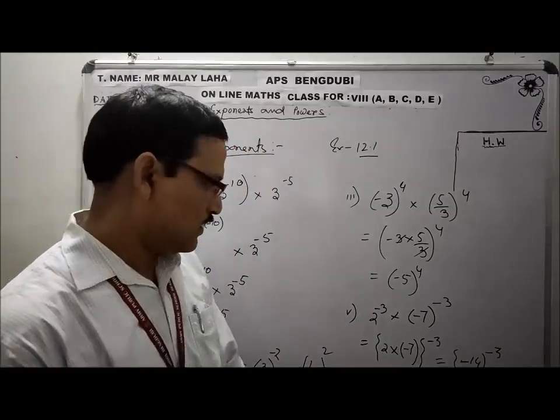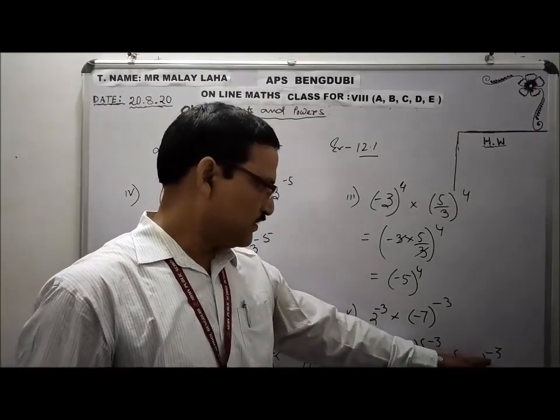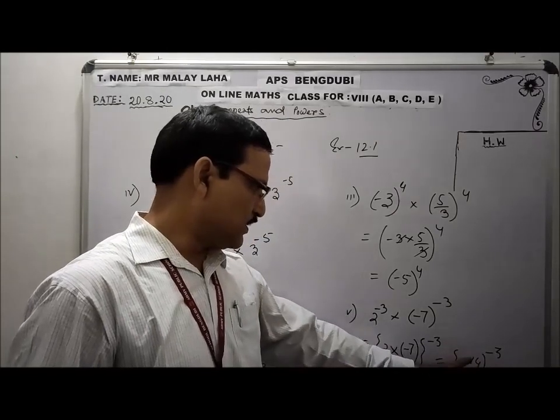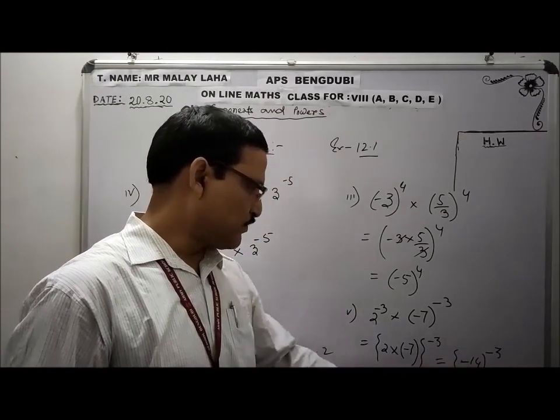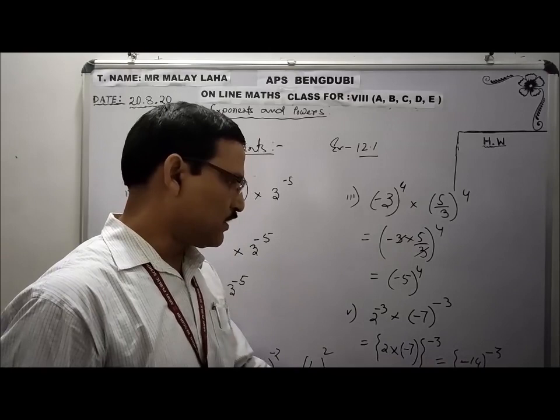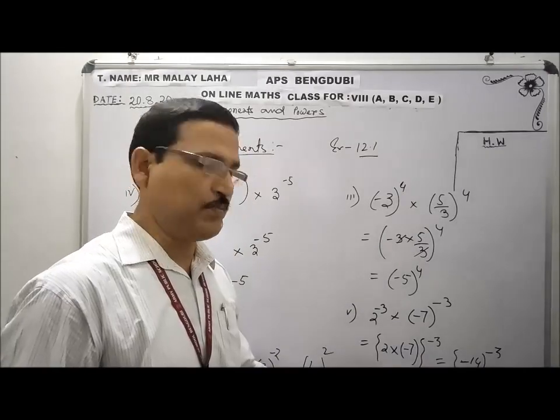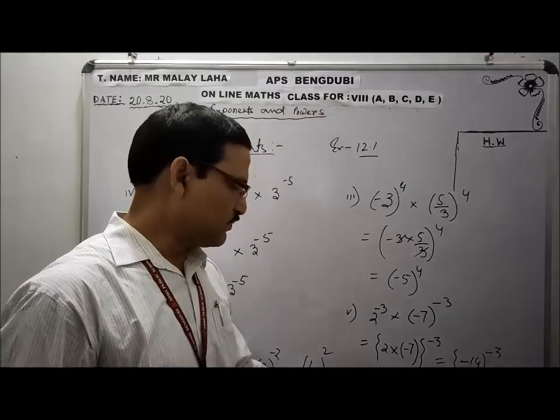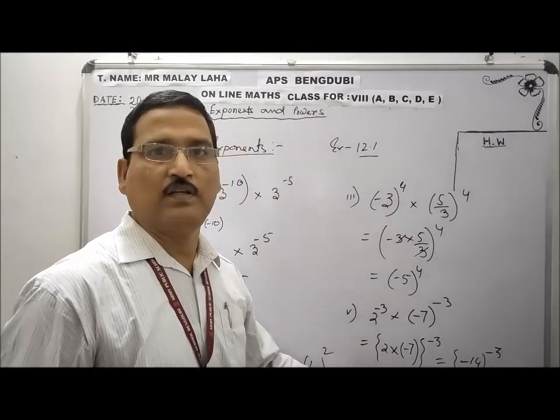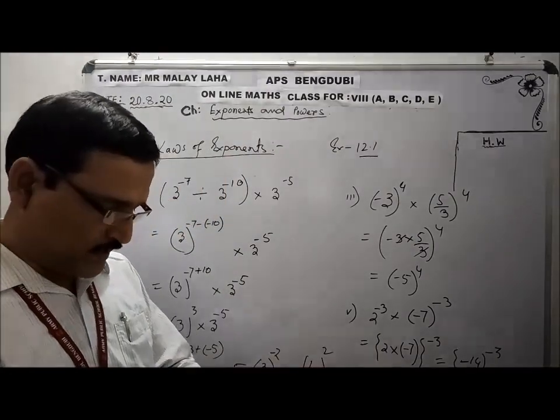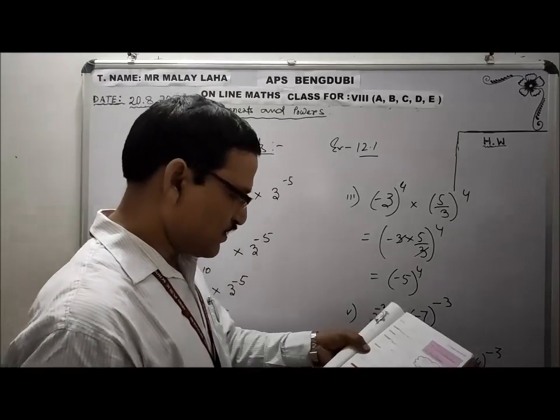Understood? So when you convert minus 3 into positive 3, minus 14 you have to write as minus 1 by 14. Minus sign will always be in the numerator. Okay. Then minus 1 by 14 raised to 3. Got it? Very simple, very interesting. So this is about question number 2.